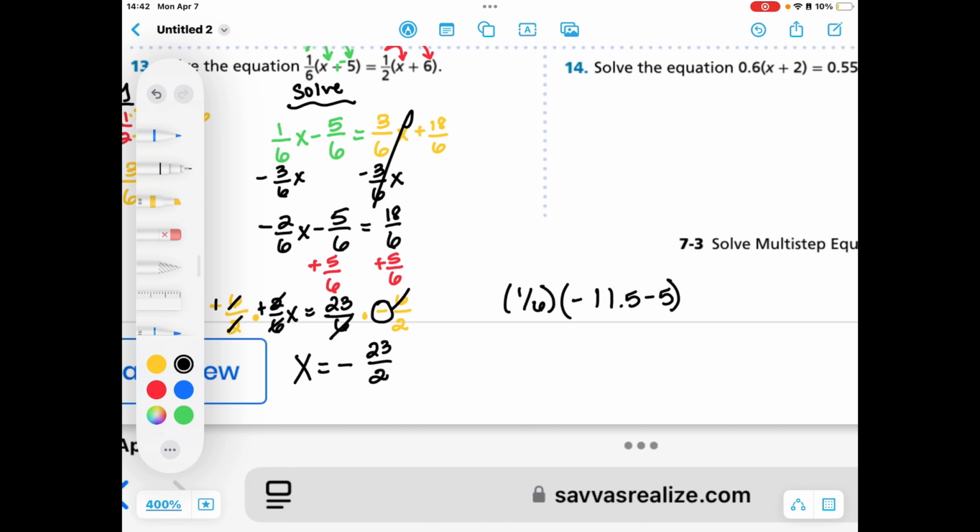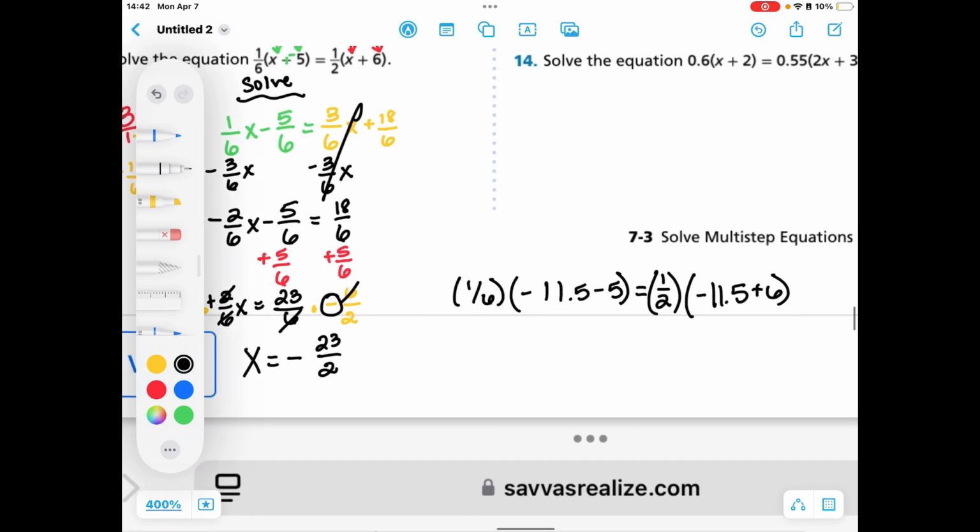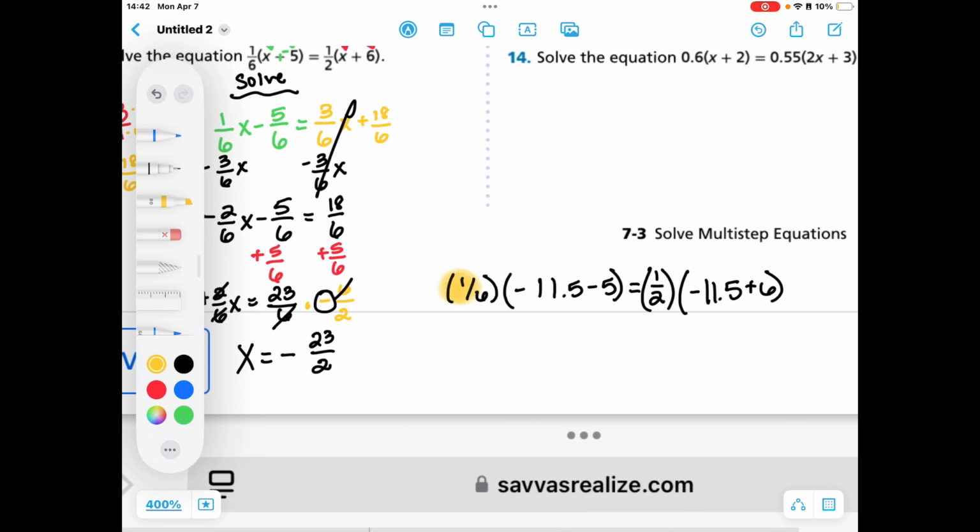Minus 5 equals 1/2, which I can put in parentheses, times another negative 11.5 plus 6. The reason is that if I put these fractions in parentheses, the calculator will read it, but if I try to do the fraction without parentheses, it will not read it correctly. So you do have to keep in mind how you plug things into your calculator.